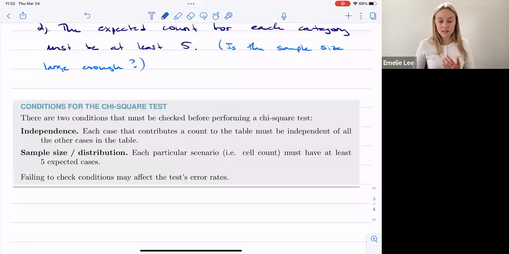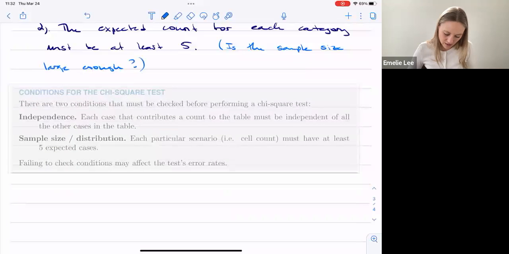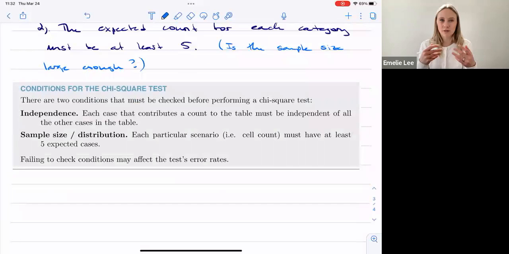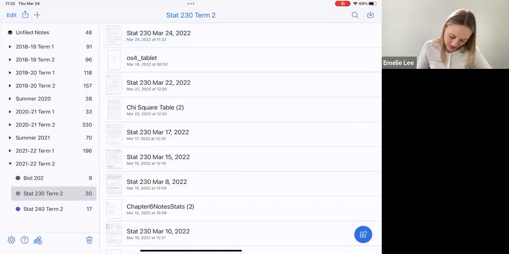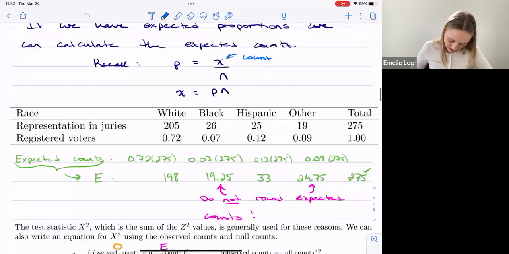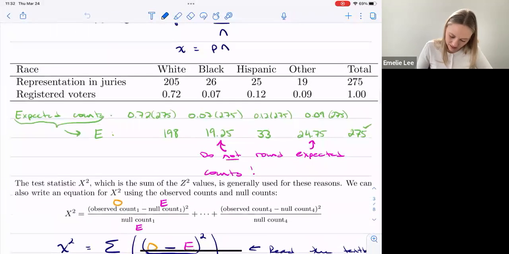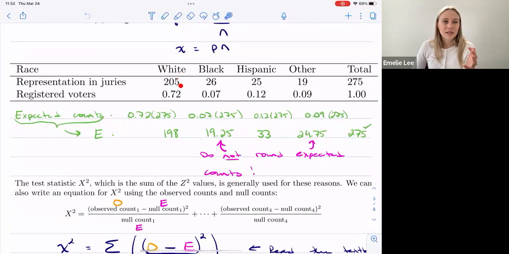Right, that's technically what it's asking, right? But how we check it is you have to make sure that you have at least 5 expected counts in each cell, right? So even if we go back to last day and we had our expected counts that we found, first of all, each of these counts are independent of each other because you're classified into one of these race categories, right?